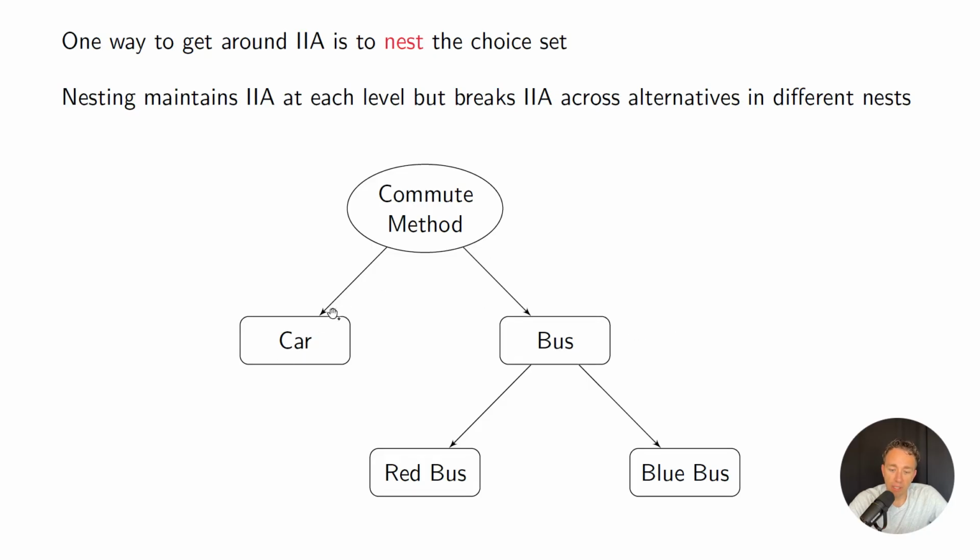But what's not the case is that car and red bus are IIA, or car and blue bus. And what this is going to do is allow for more realistic substitution patterns if, say, we introduce a yellow bus. In effect, the red bus and the blue bus are going to be treated more as substitutes. And so the probability of taking the car is not forced to change much if a new bus color is introduced.